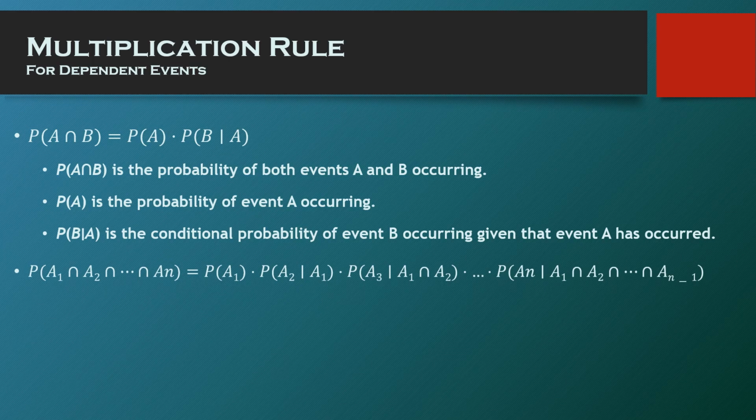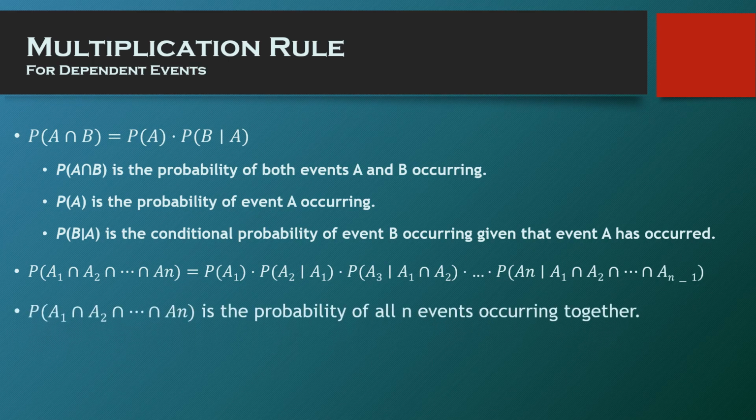The probability of occurrence of n events together is given by this equation, where P of A1 is the probability of event A1 occurring, P of A2 given A1 is the conditional probability of event A2 occurring given that event A1 has already occurred. P of A3 given A1 intersection A2 is the conditional probability of event A3 occurring given that events A1 and A2 have occurred, and so on.